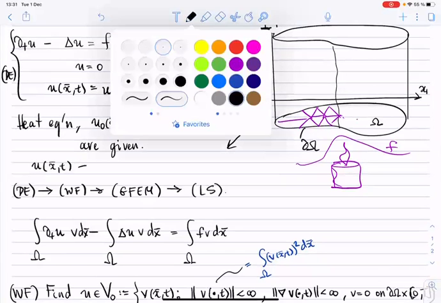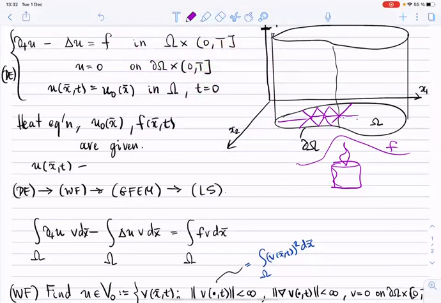So yeah, the next step is, of course, for the Galerkin finite element approximation, we have to triangulate the mesh. So we start with the triangulation somewhere here. You can just triangulate the mesh like this, something like this.